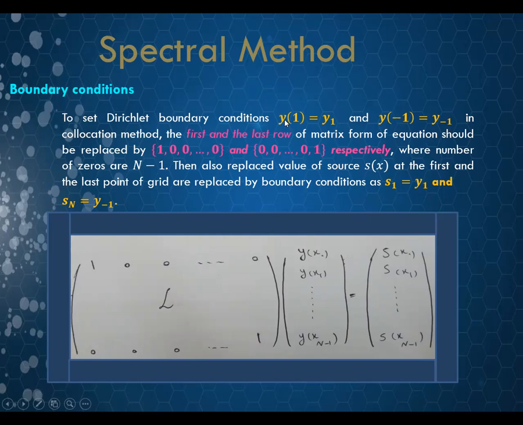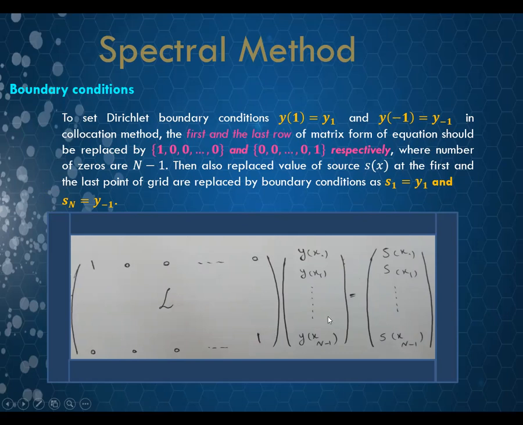If the boundary condition is defined as y at 1, it means that y at x equals 1, that is, y at x0 equals y1. So it is sufficient to replace s(x0) by y1 and s at x_(n-1) by y_(-1).